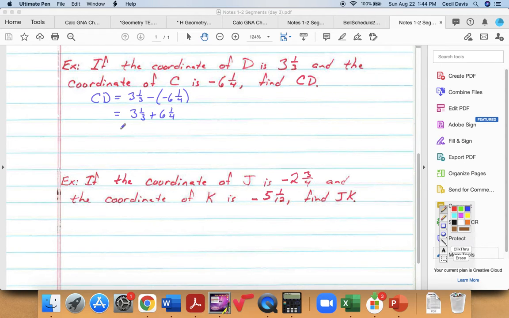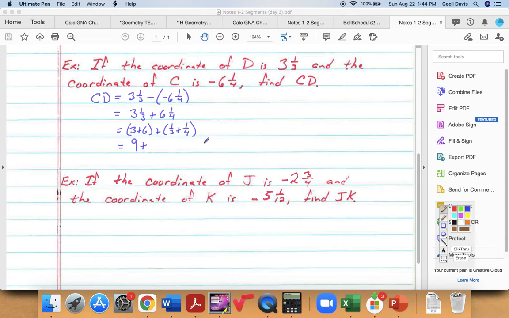It's easier to think about this as 3 plus 6, so the whole number here and the whole number here, plus 1/3 plus 1/4. Because all of those are actually being added together. When we say 3 1/3, we're really saying 3 plus 1/3. So when we add those, this is going to be 9.